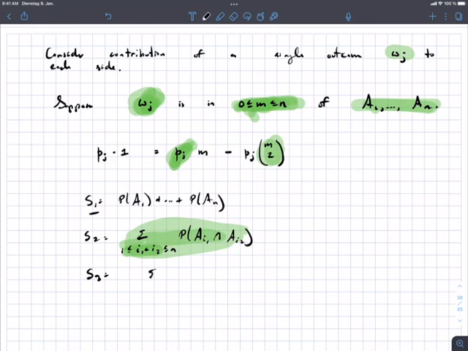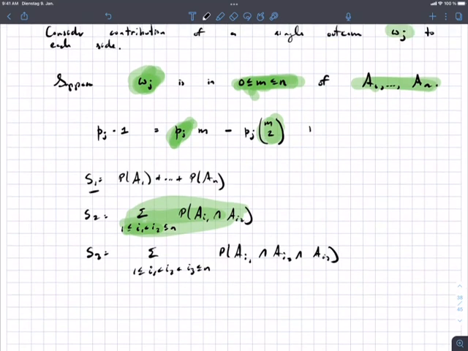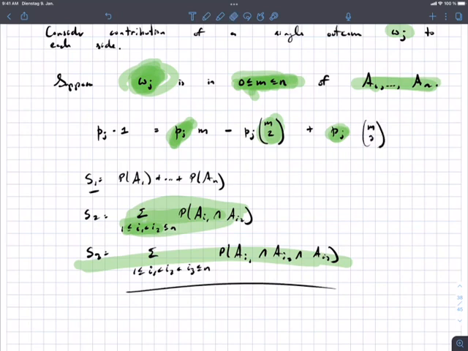Now S3, this is I1, I2, I3. When I consider the contribution of this outcome to this probability, if it is in exactly m of the events, then I'm going to be adding up its probability pj, m choose 3 times when I take this sum.